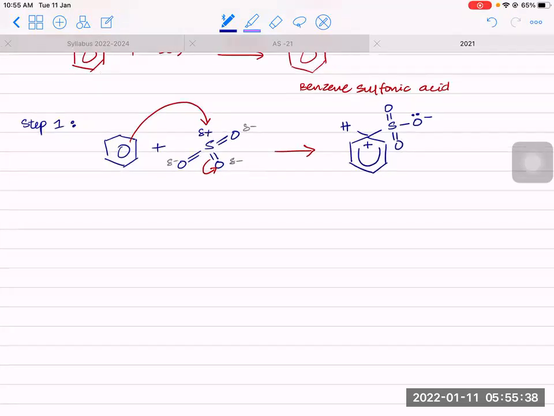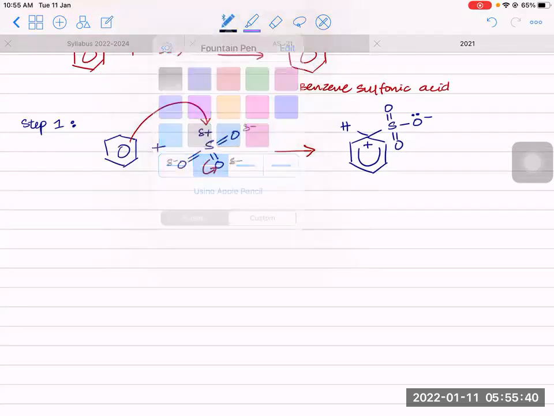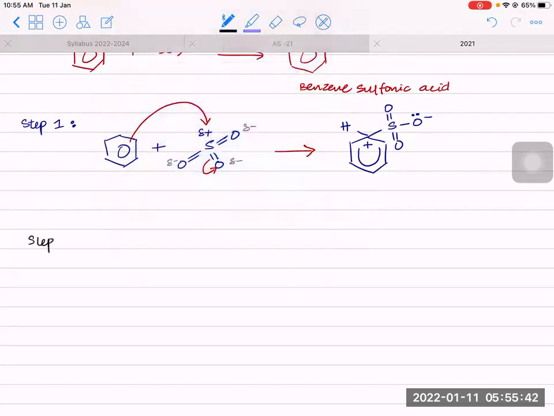Now, in step 2, this 4-valent carbocation intermediate, so you have S, double bond O, single bond O with a negative charge, along with the hydrogen. So the hydrogen will be expelled as H plus, yes.